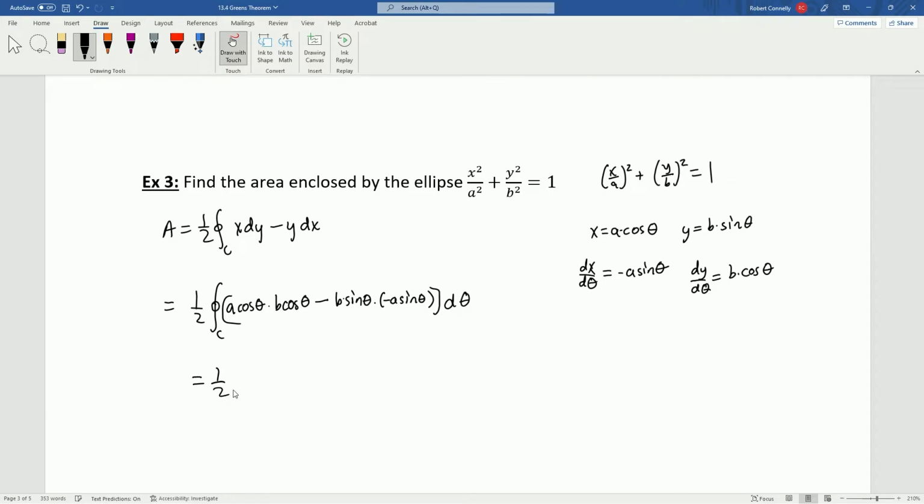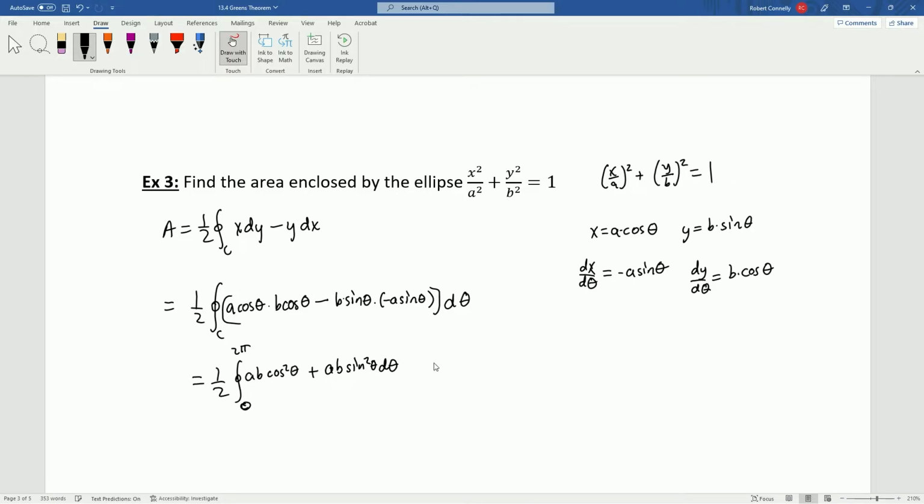Okay, so let's rewrite this a little bit further. Now, I know that this integral is going to be from 0 to 2 pi based on the parameterization. And here I get ab times cosine squared of theta plus ab times sine squared of theta.